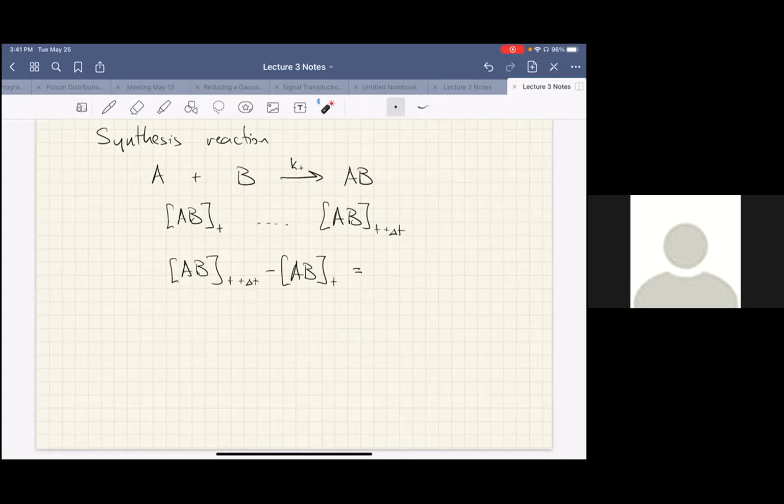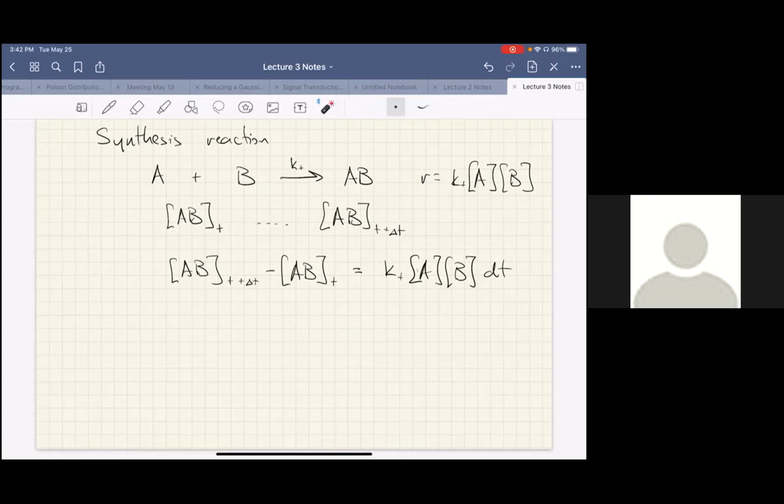The rate of that reaction is given by R equals K plus times the concentration of A times the concentration of B. So we might expect that over a short period of time, if delta t is sufficiently small, this rate, in other words the number of reactions per second, would be K plus times the concentration of A times the concentration of B times dt.